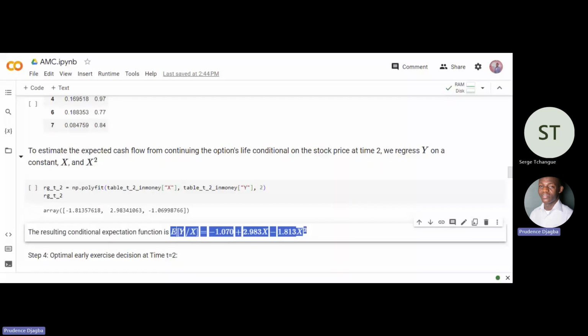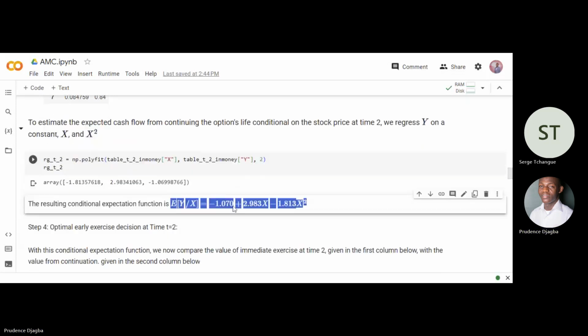And then it is with this conditional expectation function that I will compute the value for x for different paths and compare it with the exercise payoff at that time in order to see if I need to go backward again to time t equal to 1 or not.